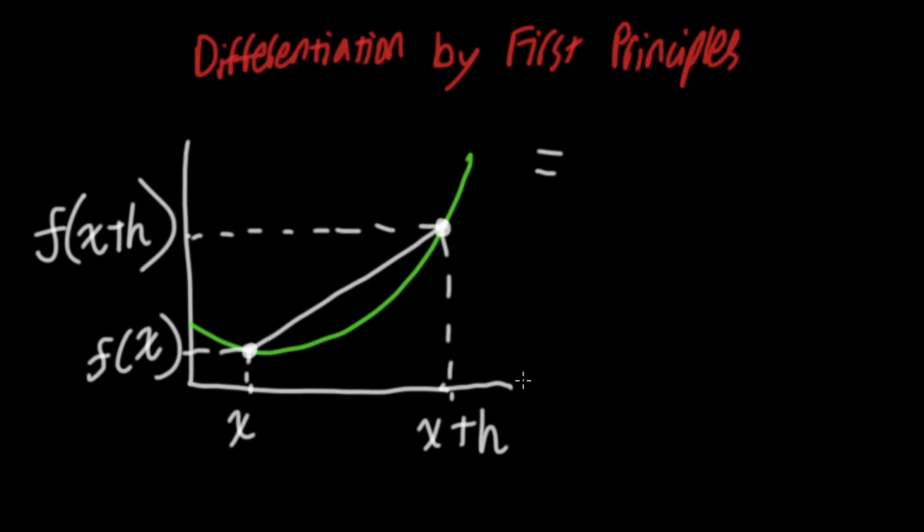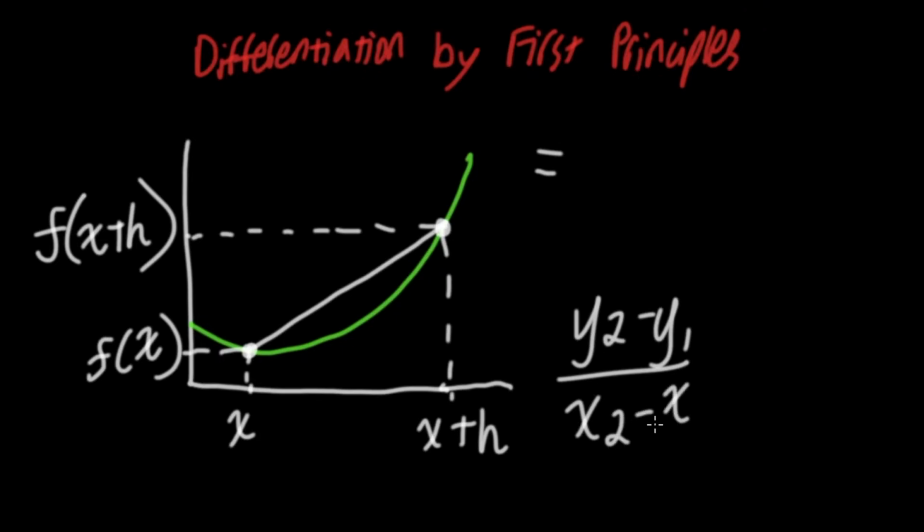If you remember, the equation to find the gradient of a line is y2 minus y1 over x2 minus x1.